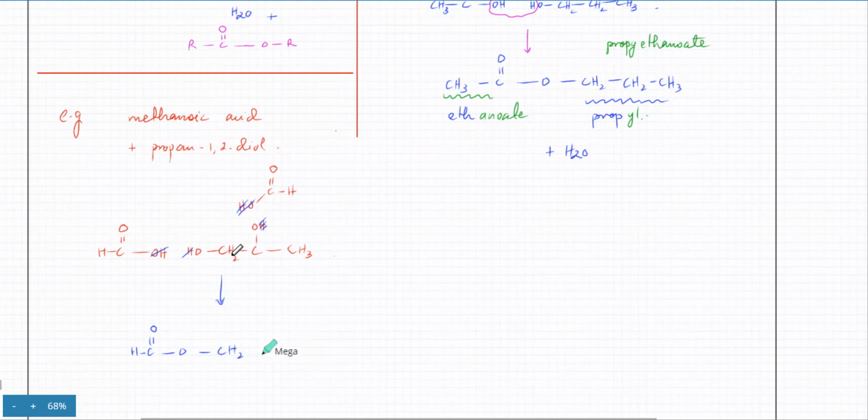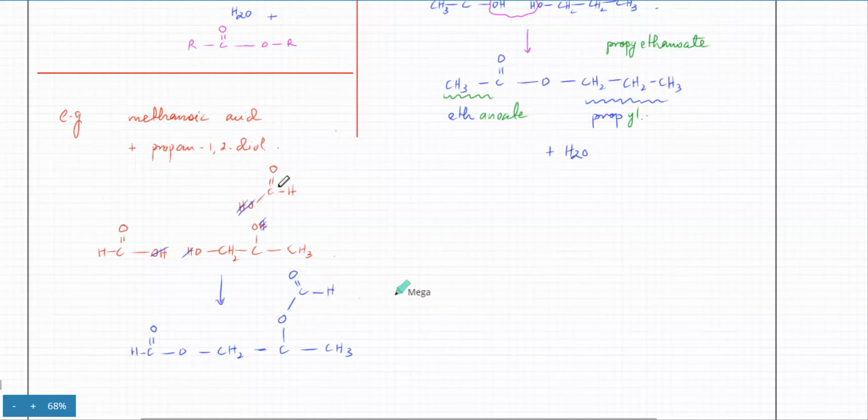And after that, there's going to be C, then CH3. And on top, there's going to be O, which would be connected directly to C double bond O. And there's going to be an H over here.